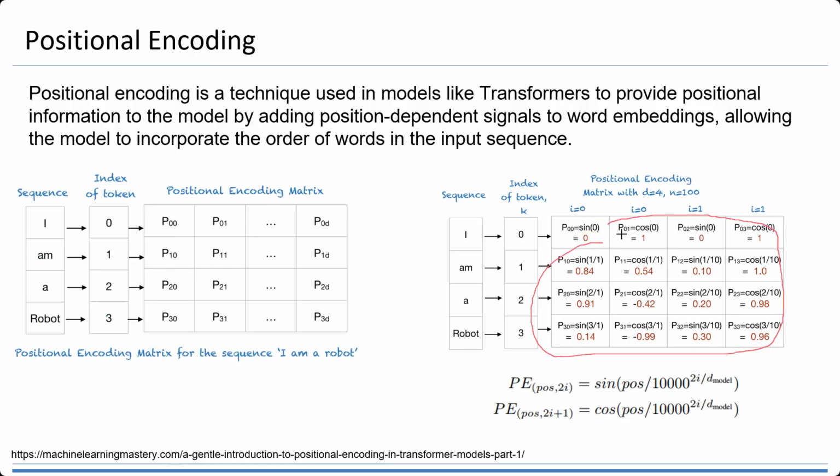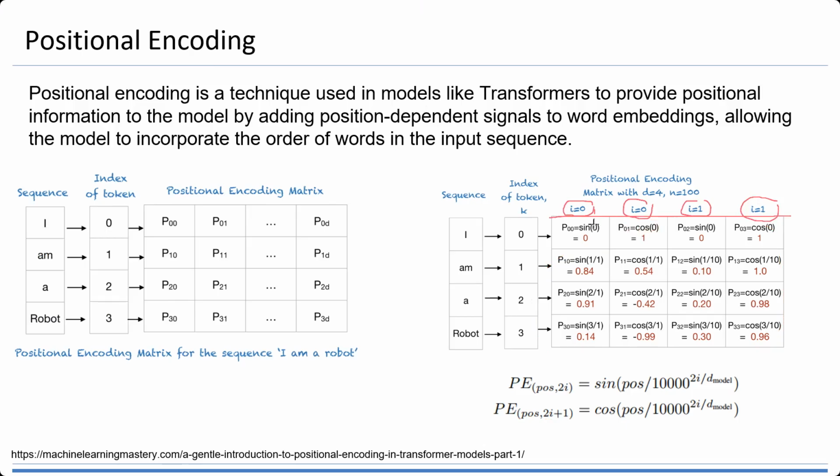If it is 0, 1, it means we are using the position, comma 2i plus 1. So 2i plus 1 is 1. Then we use the cosinus. So in this case, we use the cosinus. And you will see for every position, we have i equals to 0, i equals to 0, i equals to 1, i equals to 1, and so on.